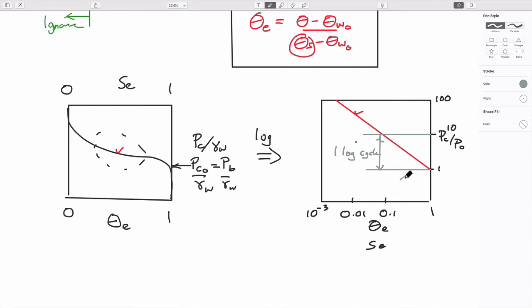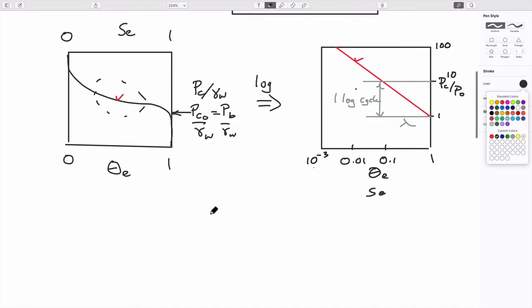then this term here we call lambda, and as a result of that, I'm never going to need this derivation again, but merely to make the case that we can write this relationship as basically the equation of a straight line, which rises from some value when the saturation is equal to 1.